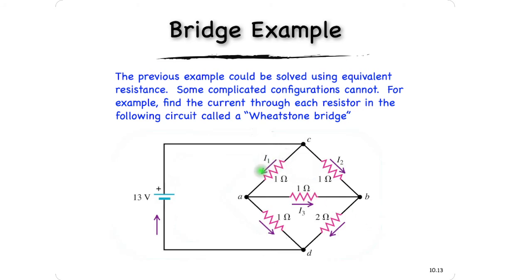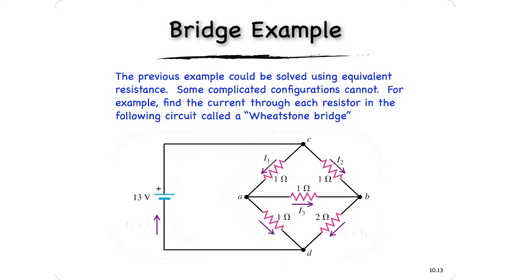So we might call this current I1 through this top left resistor, this current I2 through the top right resistor, and let's call the current from A to B I3. Now, I could continue and call this I4 and this I5 and this I6 if I wanted to, and then use the junction rules to relate those currents.